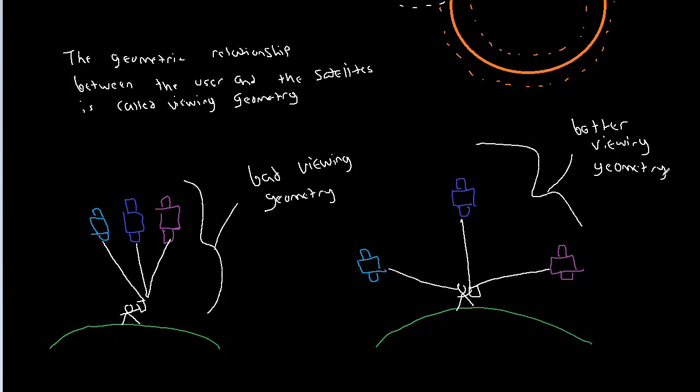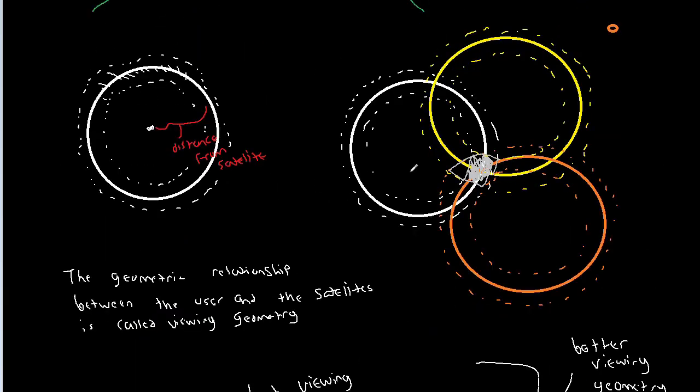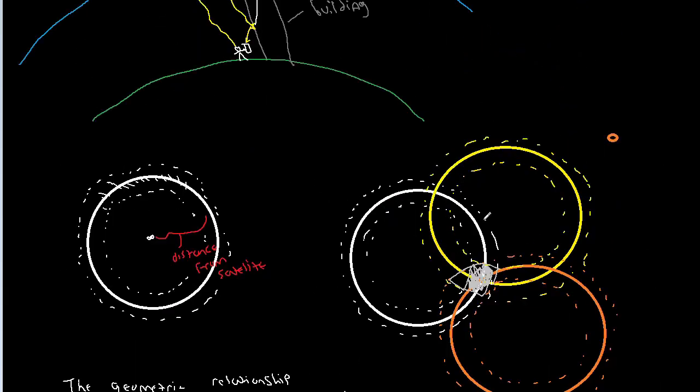Hopefully this relationship between the locations of satellites in space relative to the user makes sense, along with the idea of how we visualize errors as converting a line into a donut and the point of location into an area of possibility.